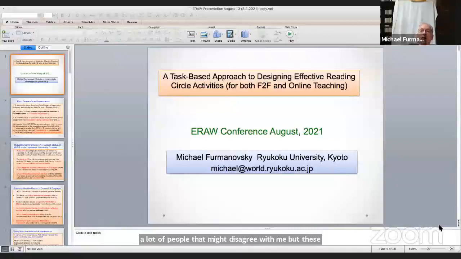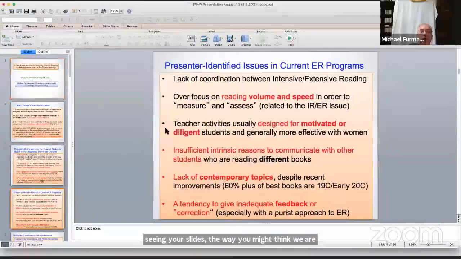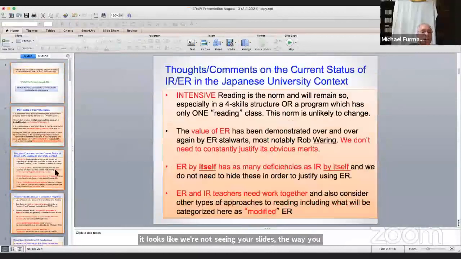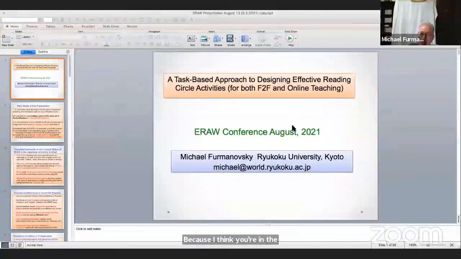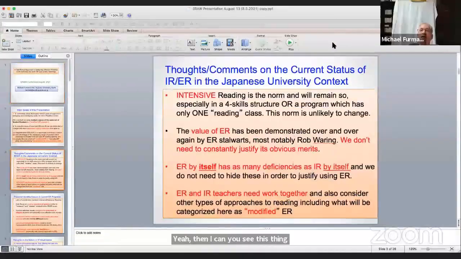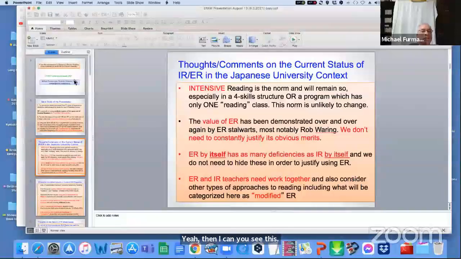Michael, I'm not disagreeing with you yet, but it looks like we're not seeing your slides the way you might think we are. Okay, then I'm going to change it to this. You can't start the presentation, it's not working? I can, yeah. You can see that, right? No, it's not opening. Then can you see this? I think you're sharing the wrong window. So if you stop sharing, share the other presentation window. What about now?